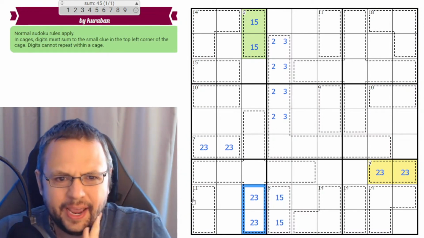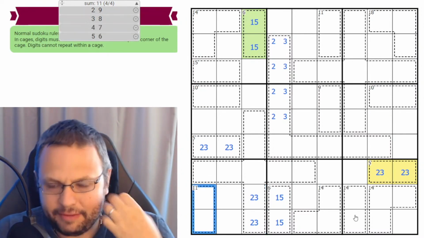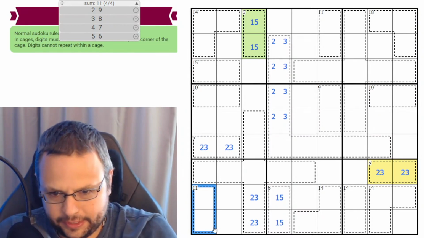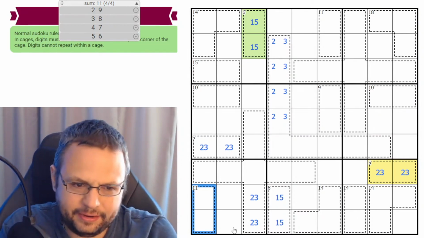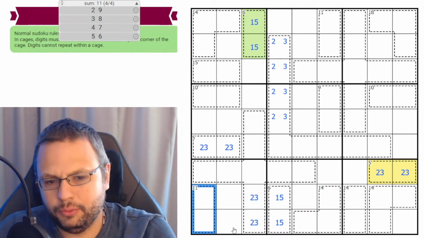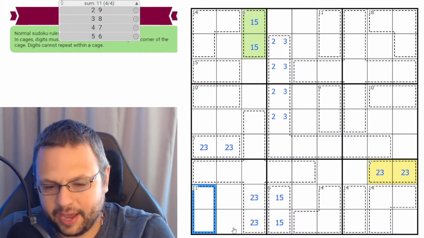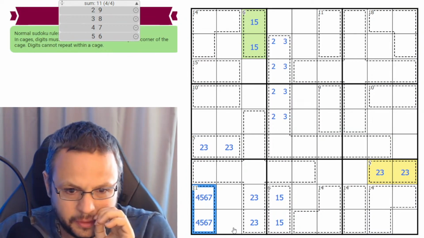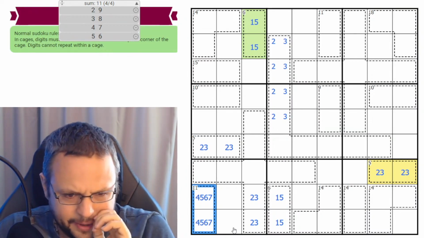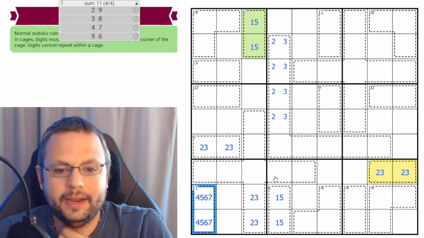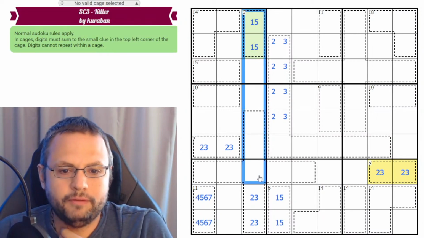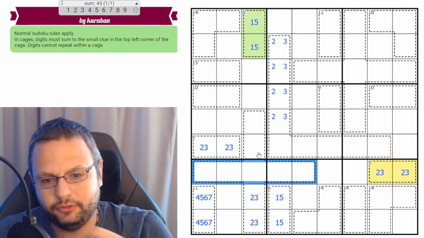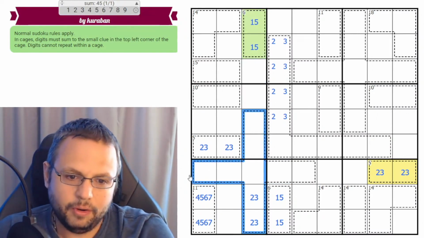And so now I'm noticing our 11 cage is a little bit restricted. It's not completely forced, but it can't have a 2 or a 3. So it's got to be either 4-7 or 5-6. Oh, no, I know what it is. Because where does 1-5 go in this cage? That's the question. Where does 1-5 go in this cage?